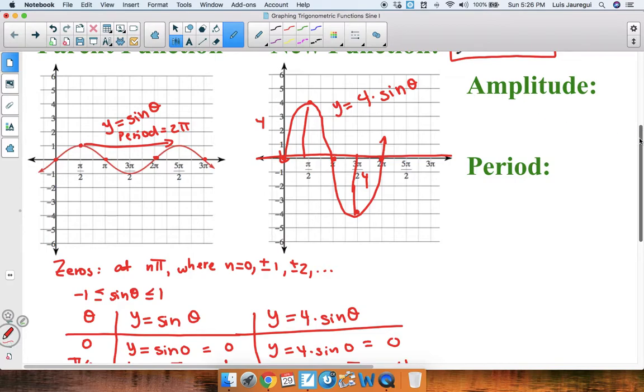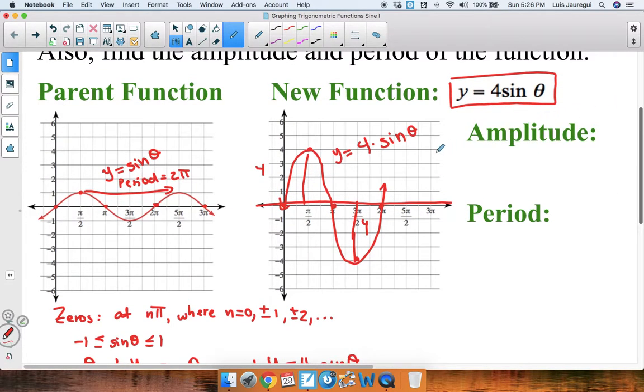Another way to figure out the amplitude is to take the absolute value of the coefficient of your sine. So notice here, the coefficient of sine happens to be 4. So we take the absolute value of 4, which is 4, and that is our amplitude here for y equals 4 times the sine of theta.